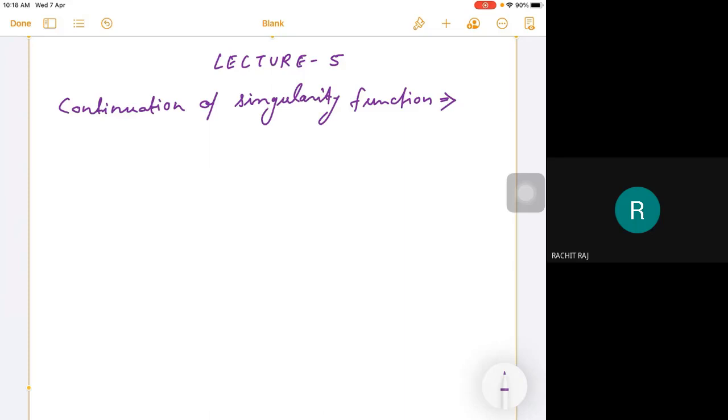Okay, so lecture 5, continuation of the singularity function. In the previous class we have seen the unit impulse, unit step, unit ramp, and some integration and differentiation properties of these singularity functions.